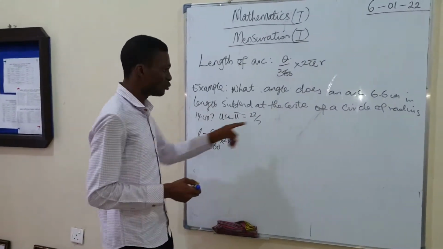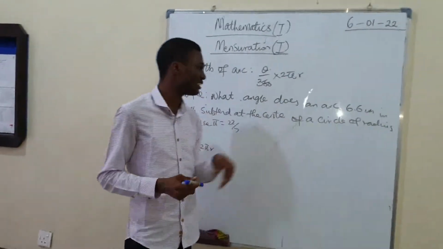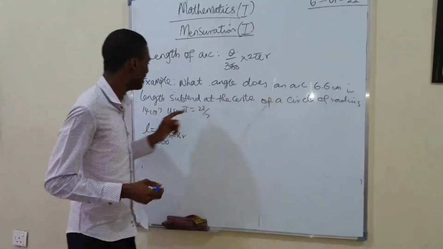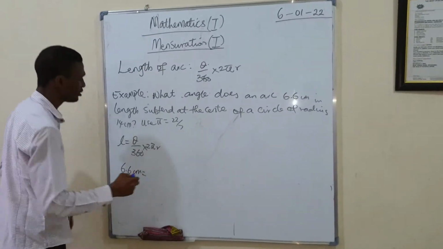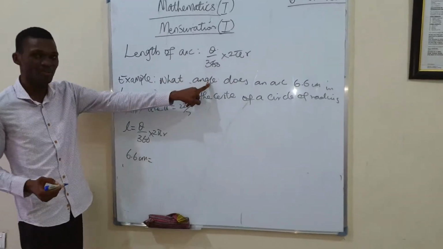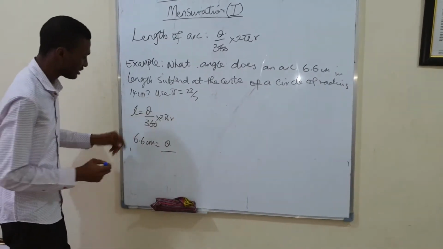In place of our length, we use 6.6 cm. So we say 6.6 cm equals theta. The angle is not given, remember, so in place of theta, we still write it as theta.